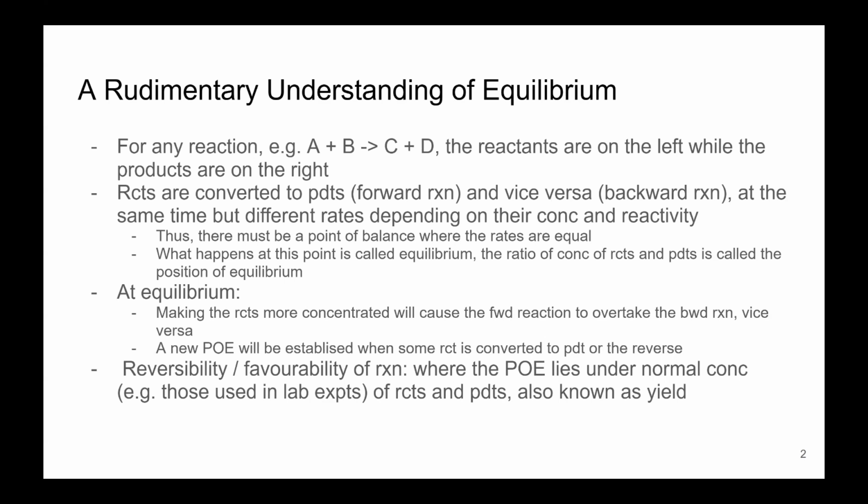So the favorability and reversibility also depend on what conditions you use. But normally, when we're talking about favorability, we are just talking about those that are possible in lab experiments or lab conditions. So that's what we mean by reversibility or favorability.